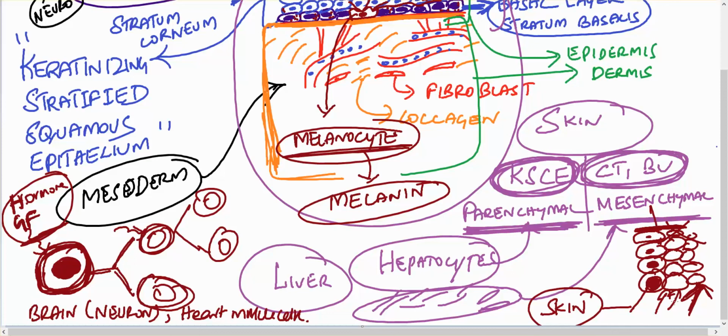Okay, and there are some cells, for example liver cells. Normally they will not divide, they are stable, these liver cells, hepatocytes. But if damage happens, they start dividing, so they are quiescent cells, they are silent cells.